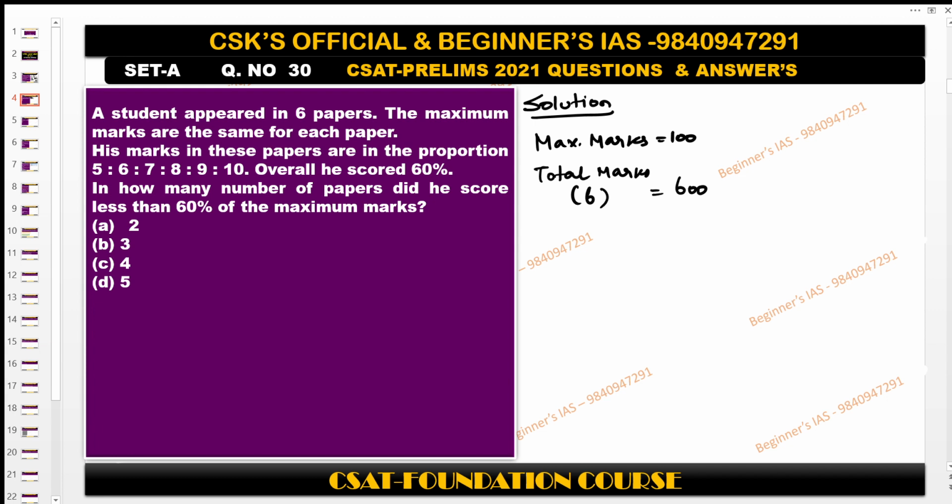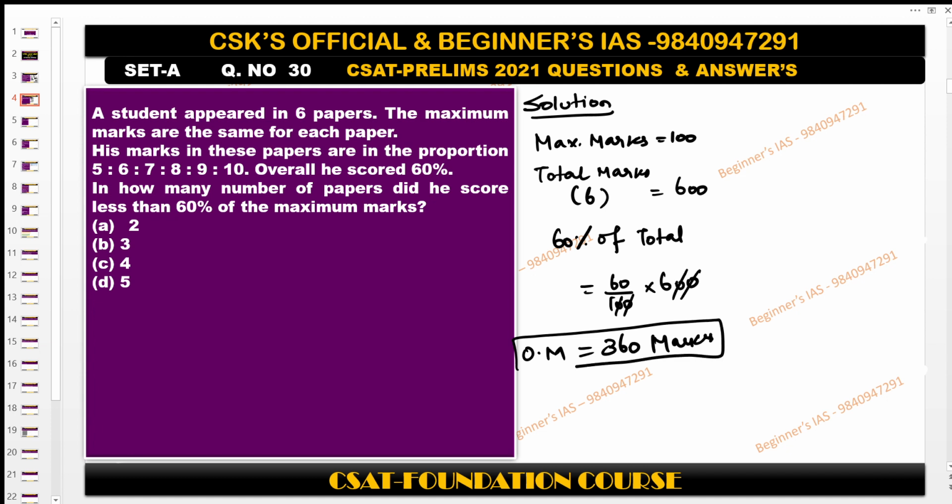The next statement is the student scored 60 percentage overall. So 60 percentage of the total, which is equal to 60 by 100 into 600. You can cancel the zeros. Therefore 60 into 6, 360. So this is the overall mark, I am just taking OM as the overall mark here, 360.